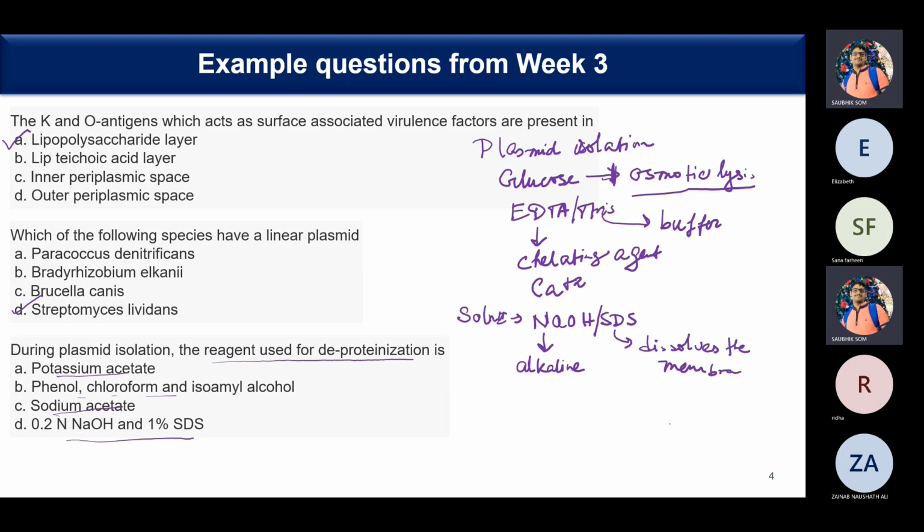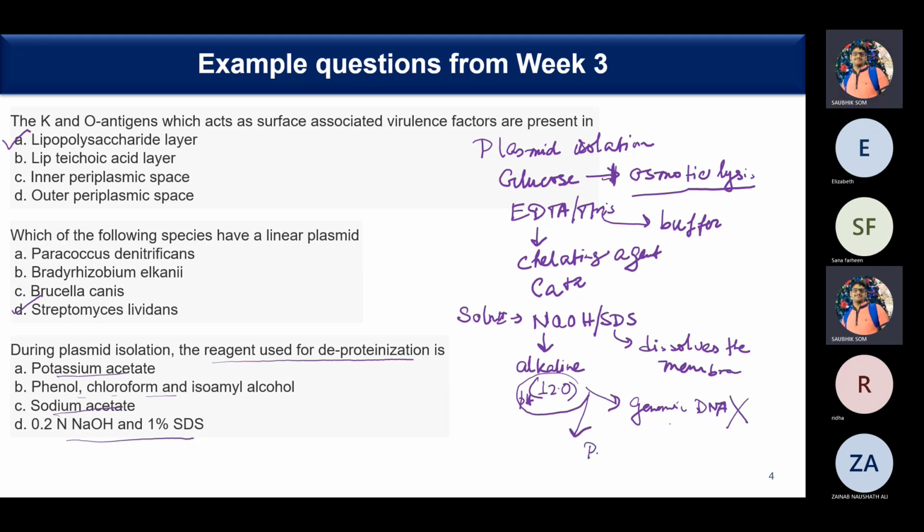It makes the pH around 12, and in this alkaline, harsh environment, two things happen. The genomic DNA gets degraded.